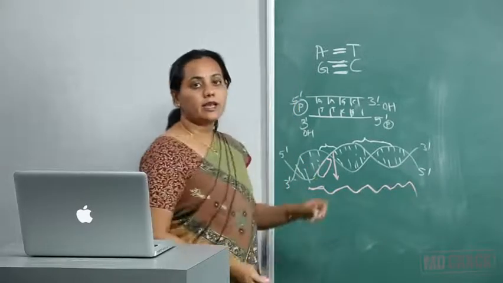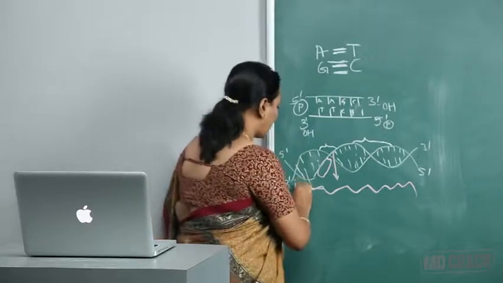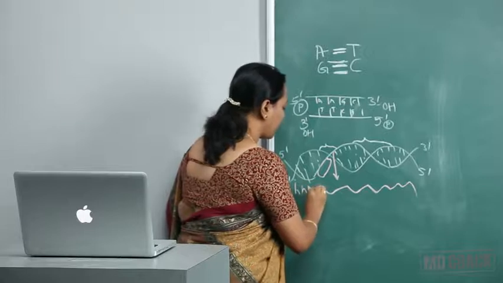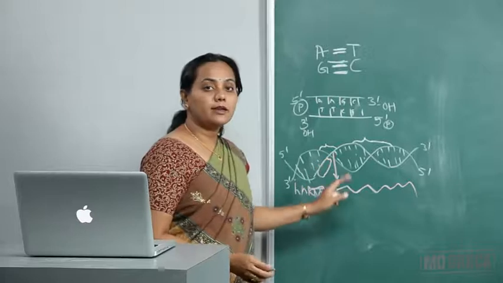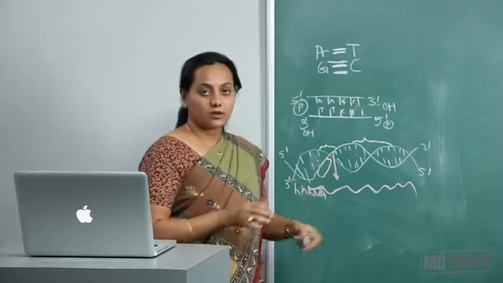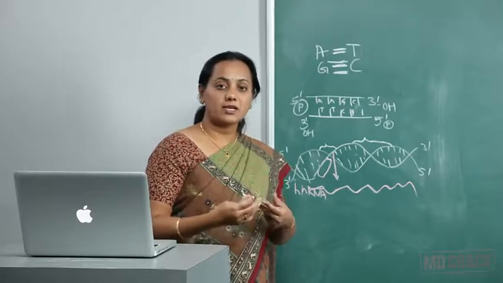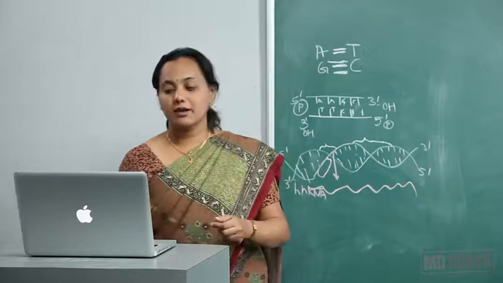This is known as the hnRNA. hnRNA has a lot of what we call exons and introns. Now it undergoes processing, a process called splicing, and then hnRNA is converted to mRNA.